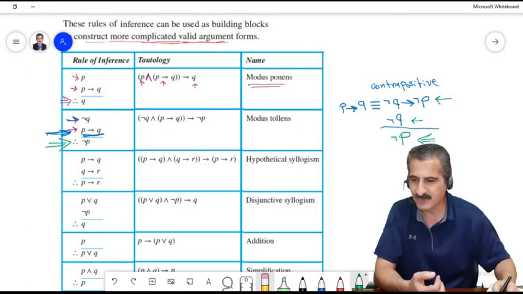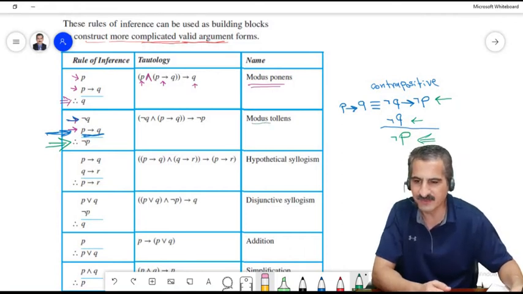So that makes us understand the second rule of inference, which is called modus tollens. Don't worry about the name. So the hypotheses are not Q and P gives Q, and the conclusion is not P.